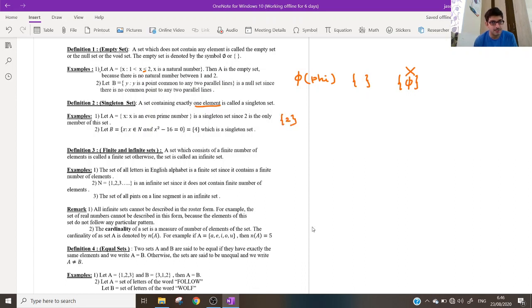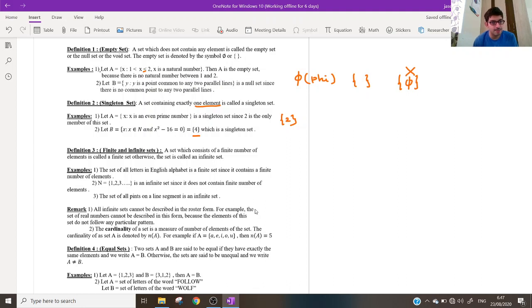Then x squared minus 16 equals 0, the natural number which satisfies this equation is 4, so the set is {4}. So it is a singleton set.